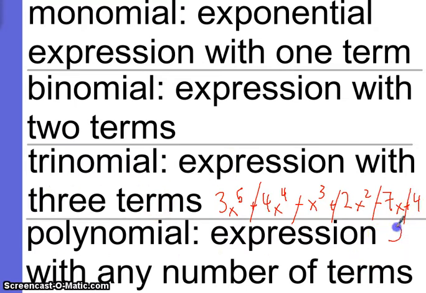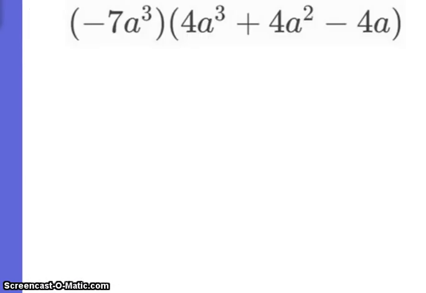I would just call this thing a polynomial. And again, a trinomial would be something with 3 terms, like 3x to the 6th plus 7x minus 4. So that's got 1, 2, 3 terms. So I would call this thing a trinomial. All right, and we're going to be needing those terms because I've got different kinds of polynomials here.